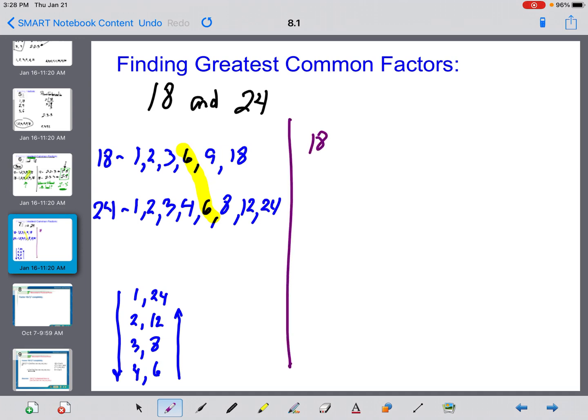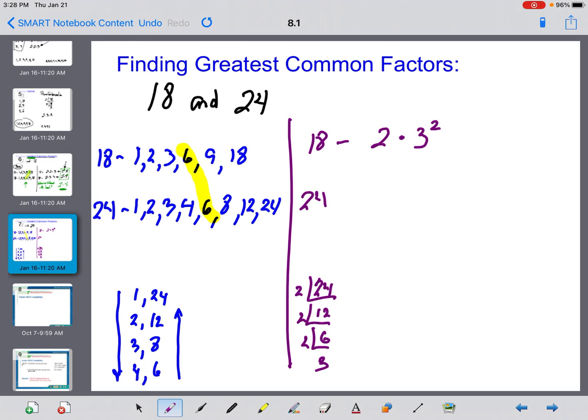Okay? Now, let's look at it again in terms of the prime factorization. We said 18 was 2 times 3 squared. 24, I'll just have to do it right here real quick.